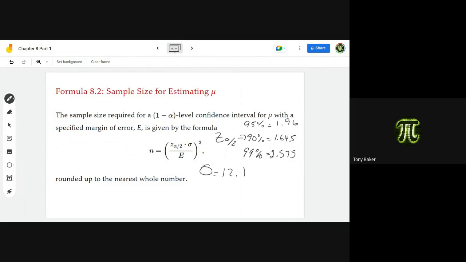And let's figure out, I want an error of 1 year. So my error is going to be 1.